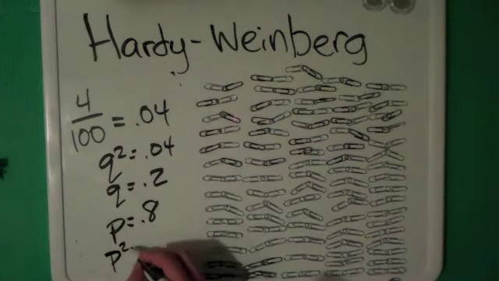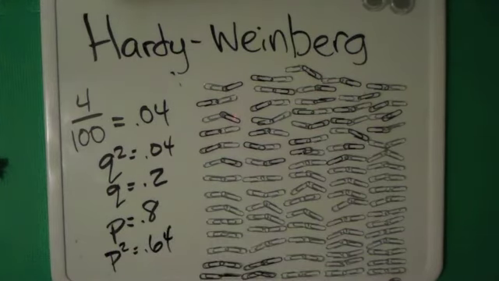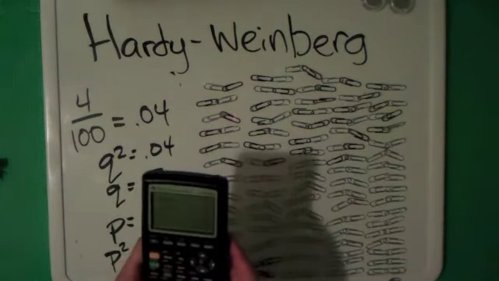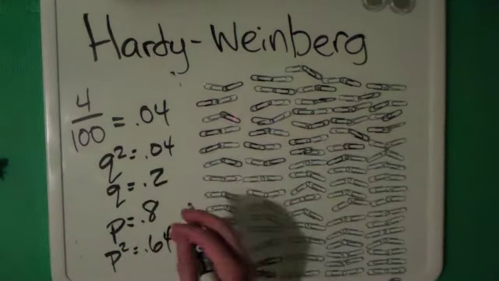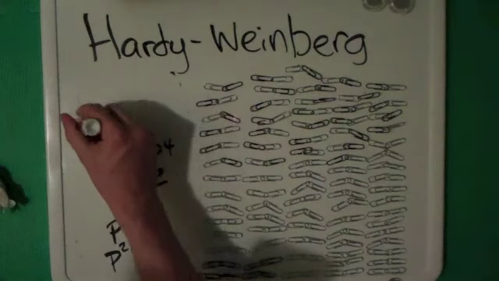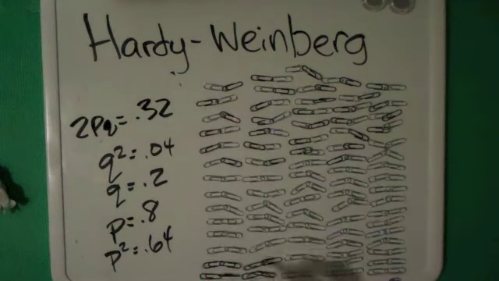A p squared of 0.64. And then if I did 0.2 times 0.8 times 2, we'd have a 2pq of 0.32. And there you go. That's Hardy-Weinberg equations when something is in Hardy-Weinberg equilibrium.